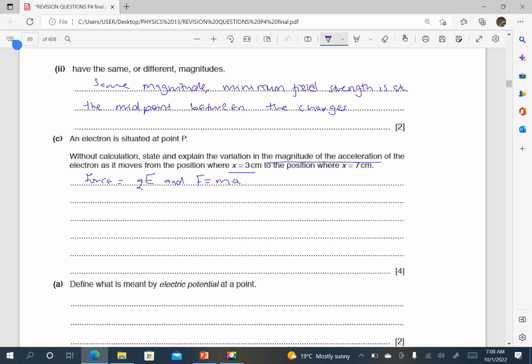So what does that mean? The force is directly proportional to E, and since F is equal to ma, we can say that the acceleration is proportional to the field strength.